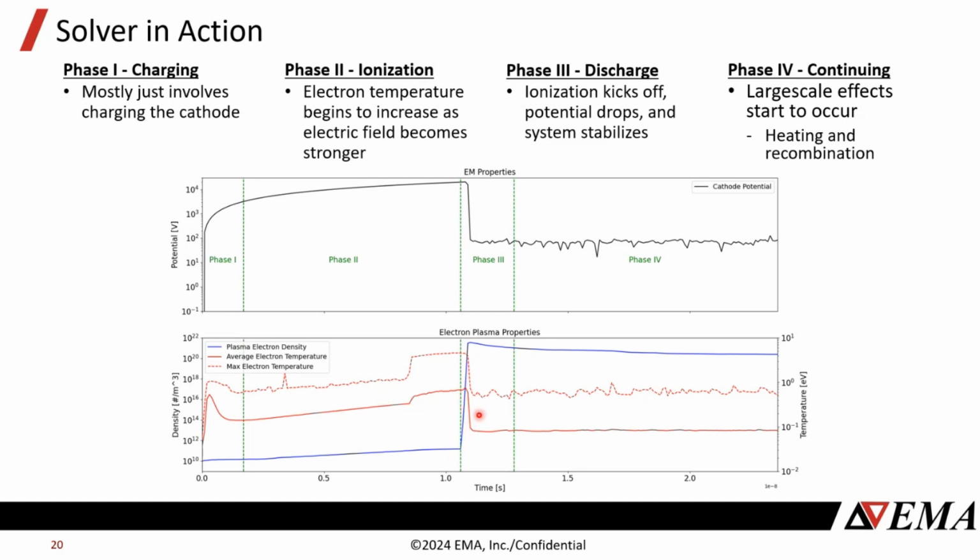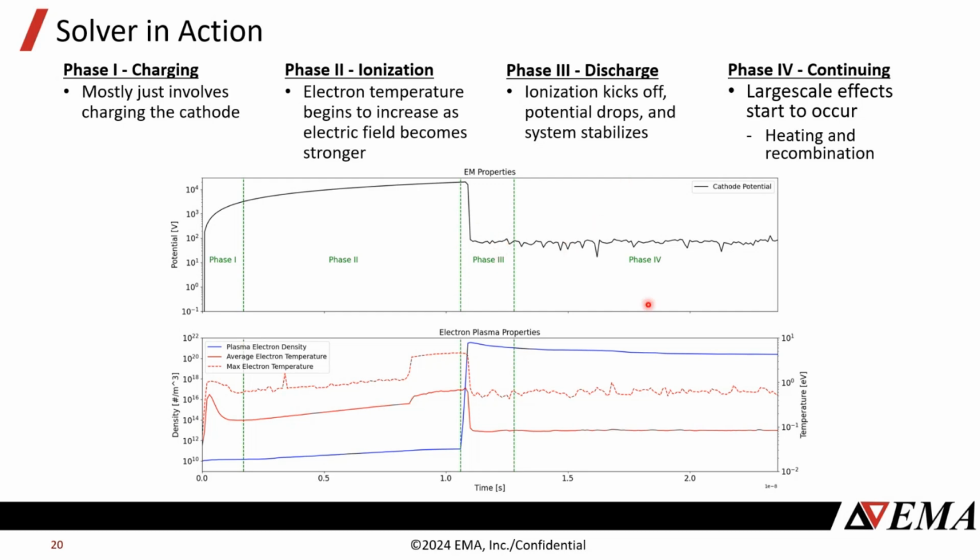And once the temperature has dropped off, you'll see that ionization also stops. So your density stops increasing. And then what follows is some small period of stabilization where your temperature kind of evens out, your density might settle back down to some nominal value, and then your potential also evens out a little bit.